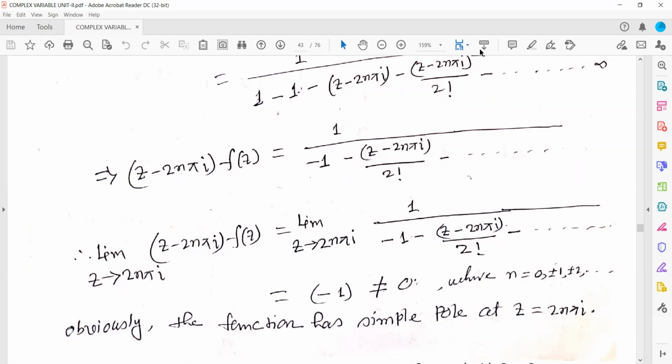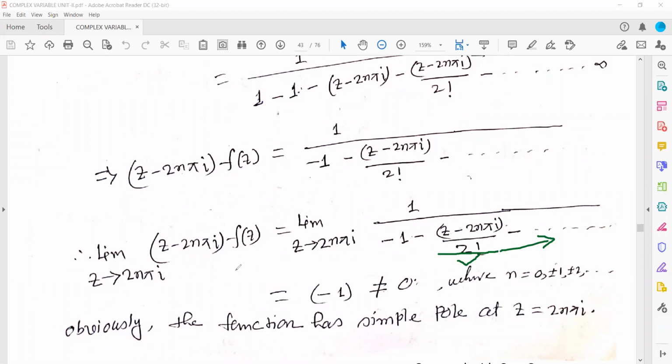Now see, from here onwards each term contains z minus 2n pi i. So if in place of z you put 2n pi i, from this term onwards all terms will become 0. So what will be left here? 1 by minus 1. So you are getting minus 1, which is not 0.